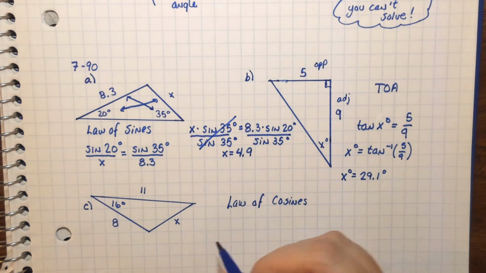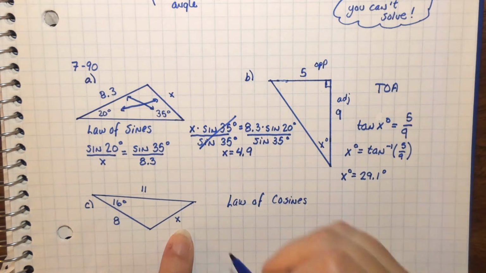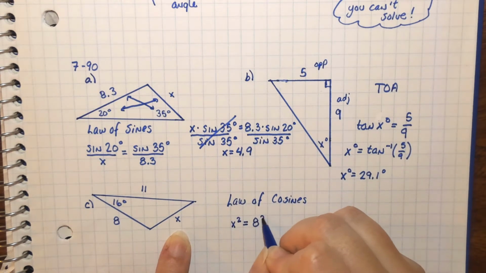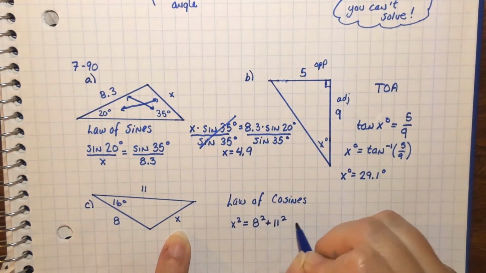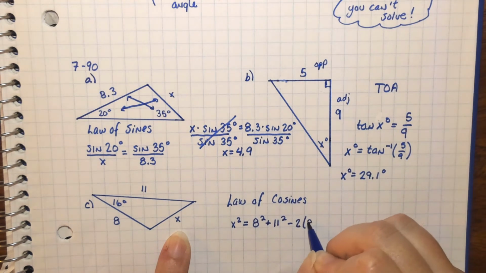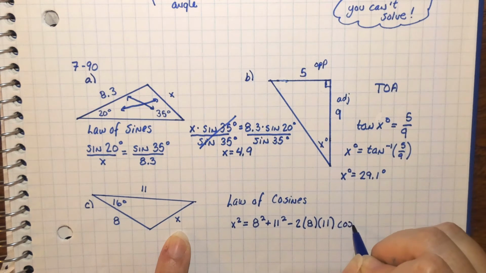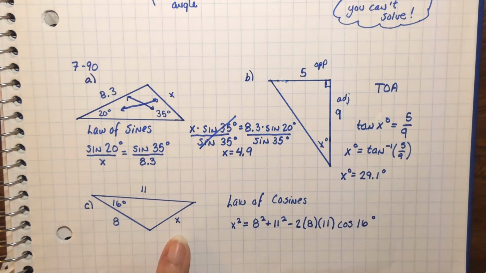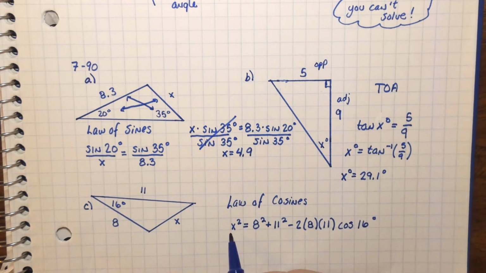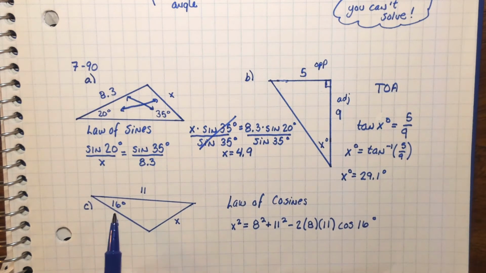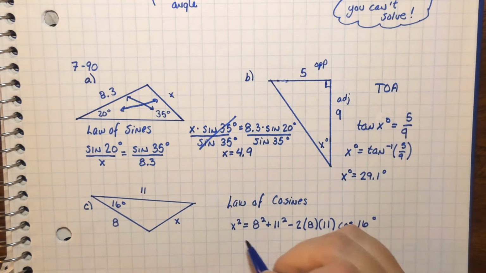So, law of cosines is x squared equals 8 squared plus 11 squared minus 2 times 8 times 11 cosine 16 degrees. And remember, this is always with the angle, so across from each other. They're always paired up on all of these problems.